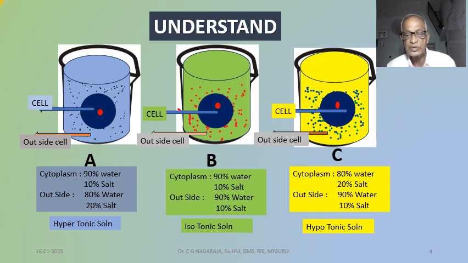This condition is called hypotonic. That means the cell is placed in a fluid where outside water is more and salt is less. If you understand this carefully, then explaining osmosis, diffusion, all this movement will be very easy.